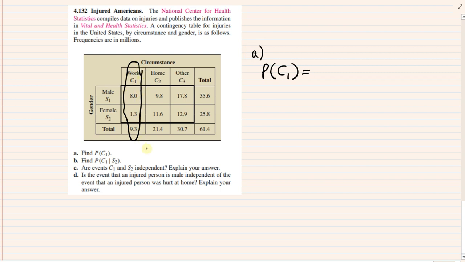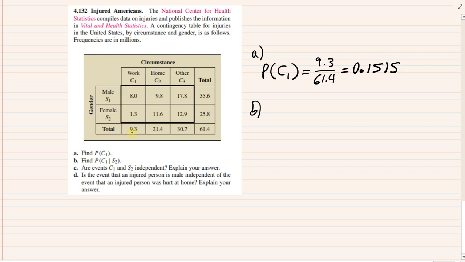The total there was 9.3 here, right? 9.3 out of 61.4. 9.3 divided by 61.4. I'll put in the numbers in a moment. So this probability is going to end up being about 15.15, a little over 15%.